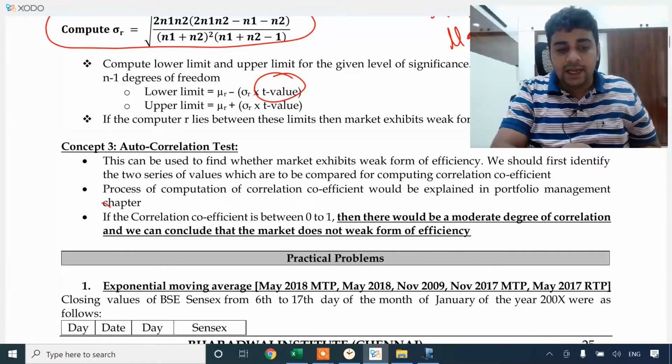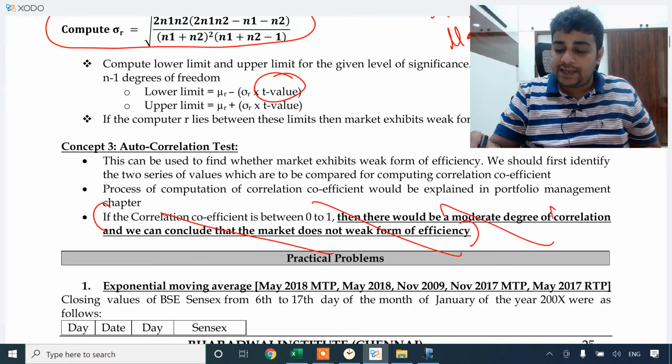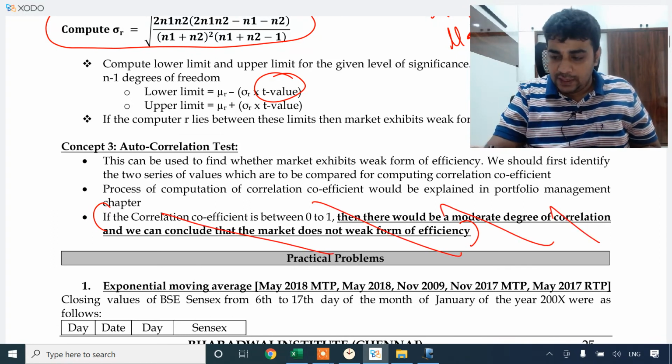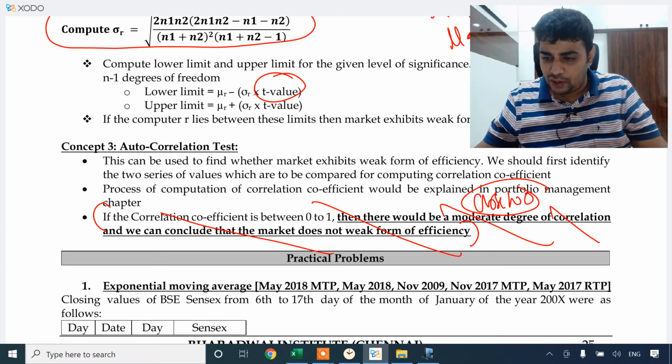If the correlation coefficient is between 0 and 1, that's not how we conclude. We calculate the correlation coefficient. If it is close to 0, now what number? I have gone through multiple authors, but I have not arrived at a single number; they have not mentioned one.